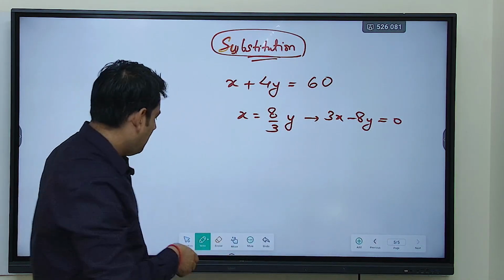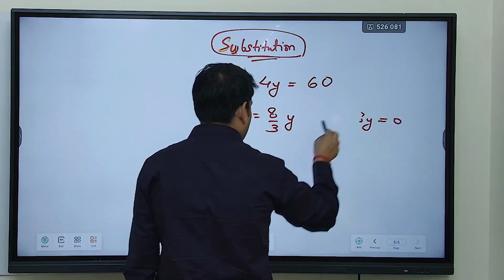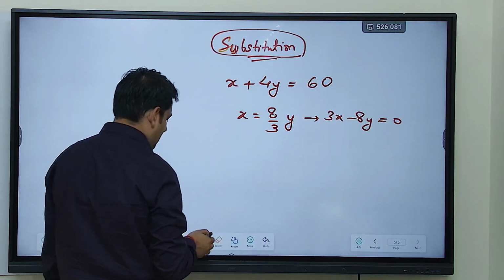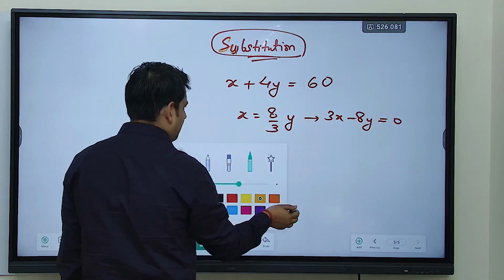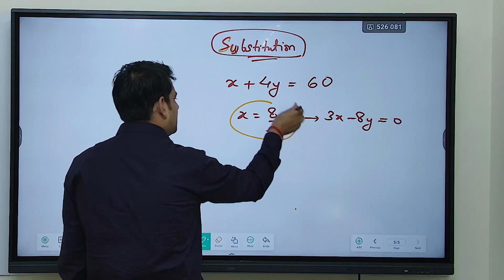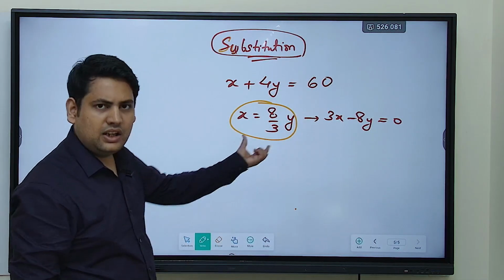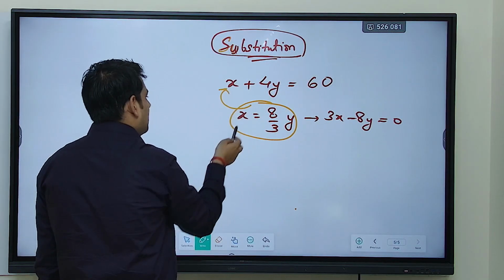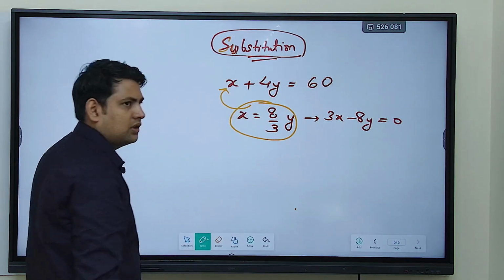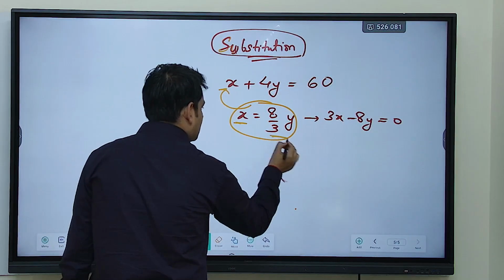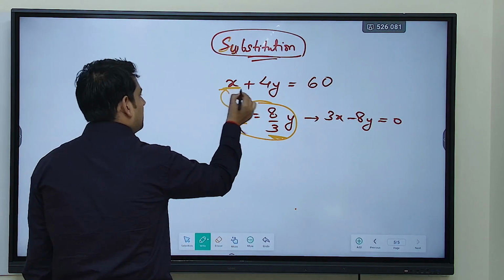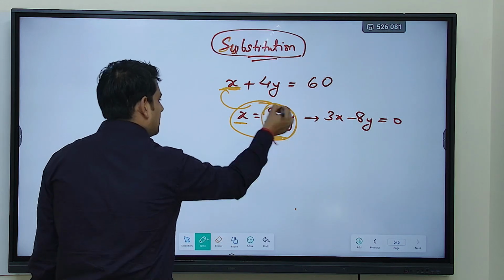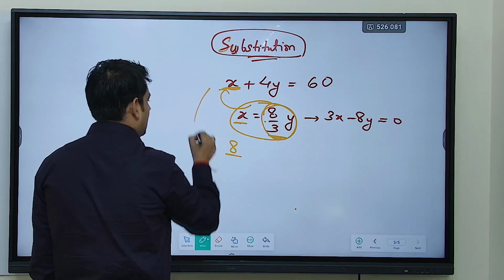That is one way. Or the other way is, if something like this is written to you, very intuitively, if x is really equal to 8 by 3y, can I not put this instead of x? So in place of x, I'll put this and write this equation again.